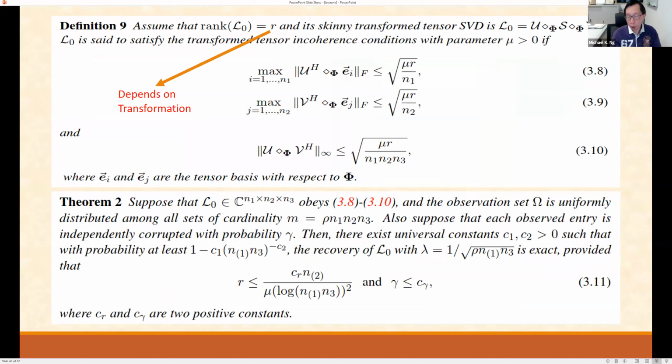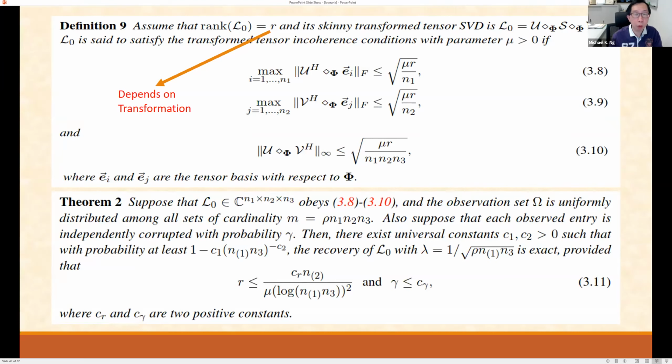So you can still extend this theorem from the convolution case to this general transformation. Suppose you have this transformation and you fix it, then of course the underlying low rank will be determined by your transformation. So in some sense this R depends on your phi. That means if you choose a proper unitary transformation, and suppose you still have the tensor equivalence condition, you can still get the same result as what we discussed in the convolution case.